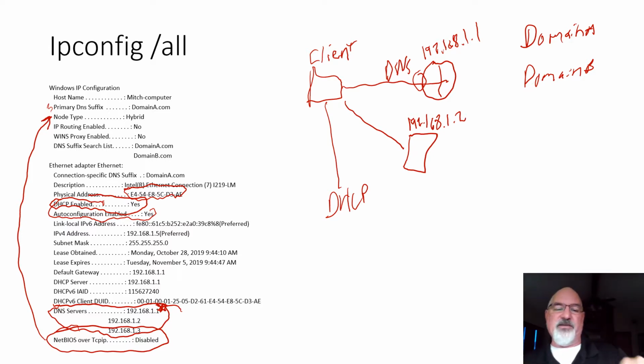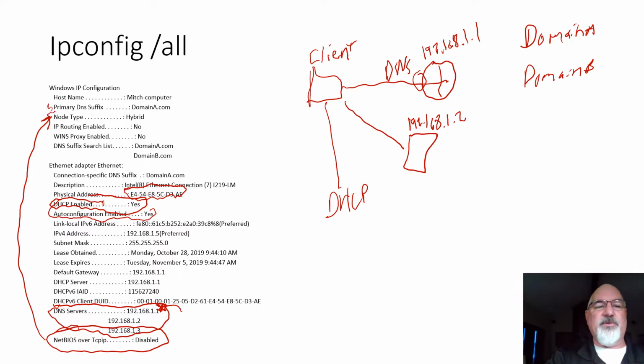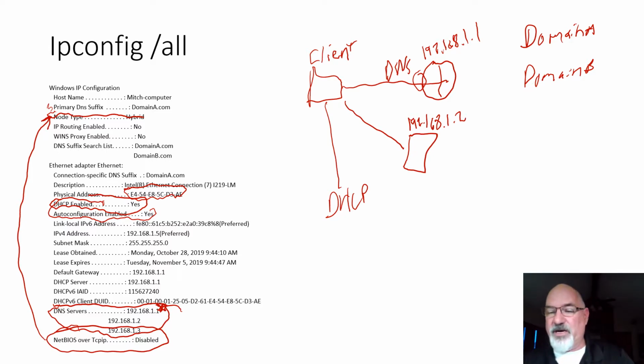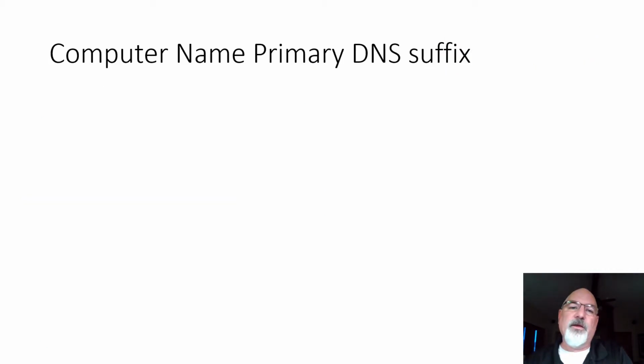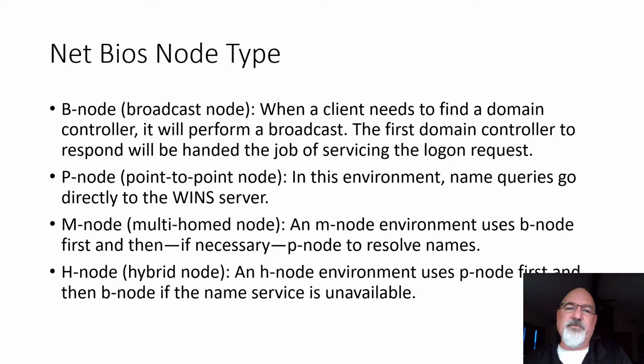Interesting thing about that is if NetBIOS over TCP/IP is disabled, that means this node type is of no value. Don't need to worry about any of the NetBIOS stuff because the node type has to do with NetBIOS, and let me show you. Yeah, you get the computer name, primary DNS suffix search, right? But you get this NetBIOS node type. And so there's 4 node types.